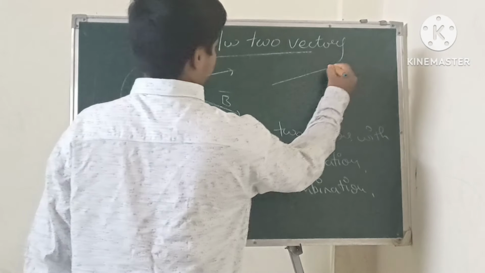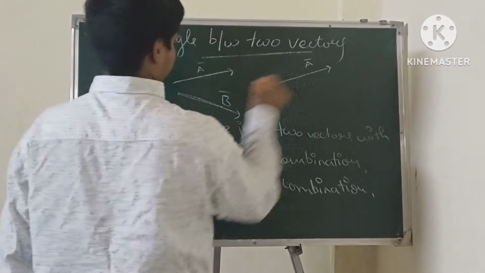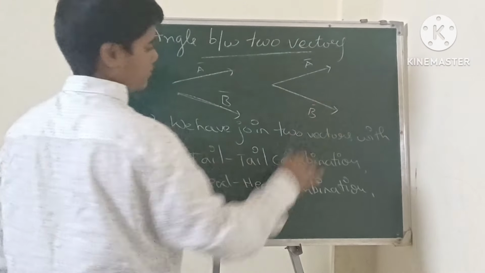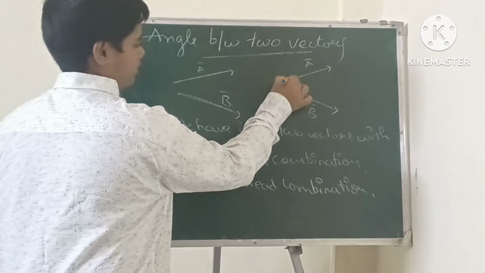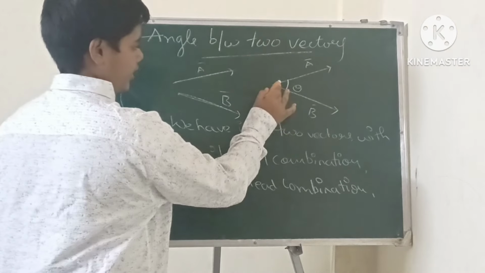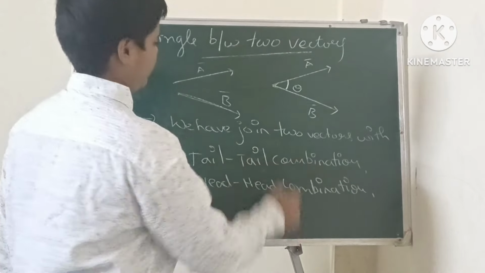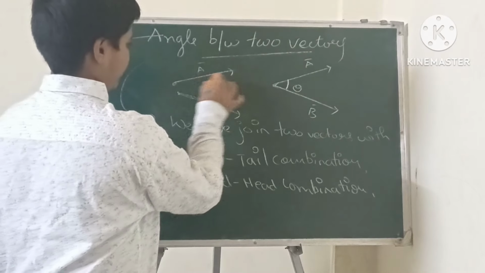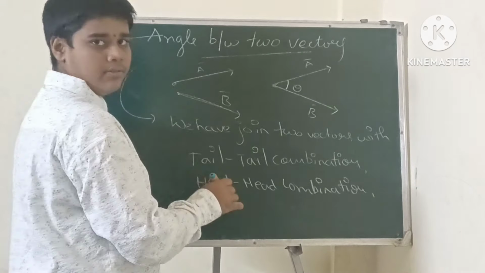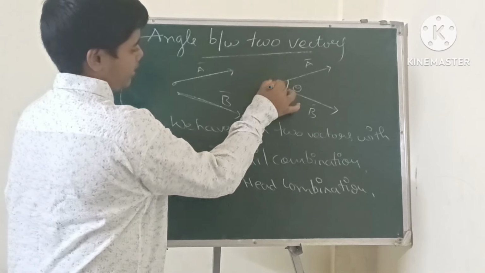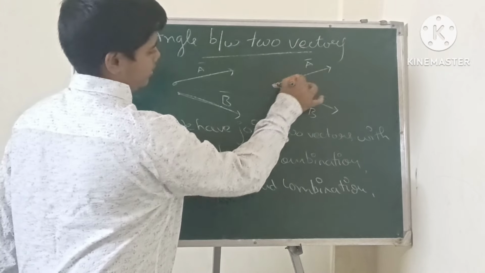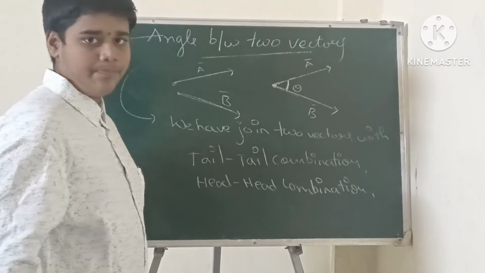See, this is A bar, and I am joining B bar at the tail. Here is some angle theta. I joined them tail to tail, and I took this angle as theta.